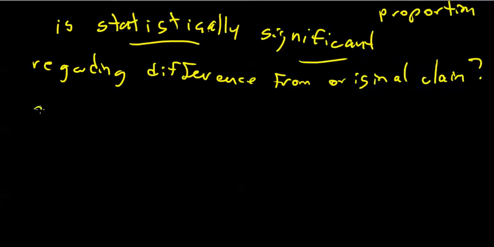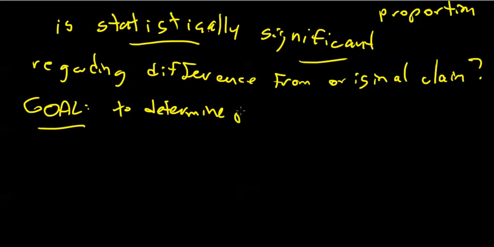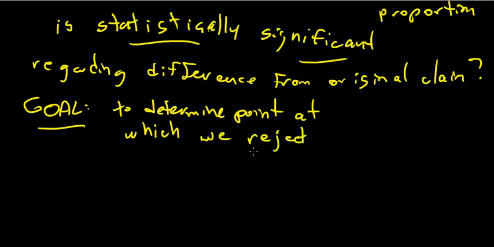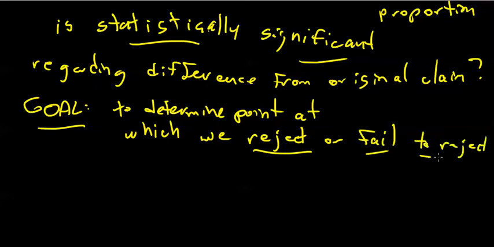This is going to be our major goal in this chapter, to determine the point at which we either reject or fail to reject the original claim.